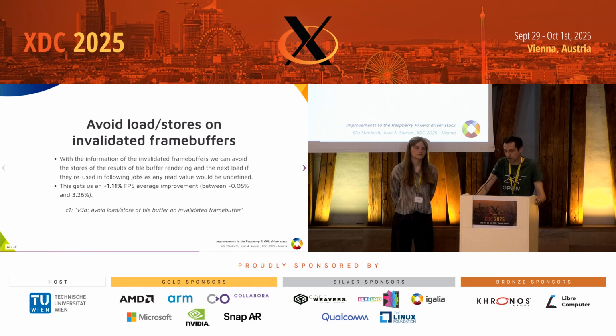Maybe this is not much, but this is because in the traces we were using from GFXBench, there are not many cases where the frame buffers are invalidated. But for instance, in the Chromium browser, using Google Maps, there are quite a few invalidations of frame buffers, and in this case, the performance improvement is really noticeable. I added here a reference to the commit that implements this optimization.